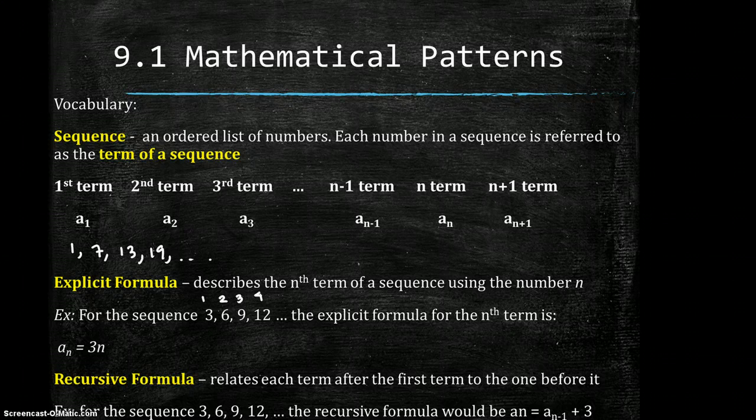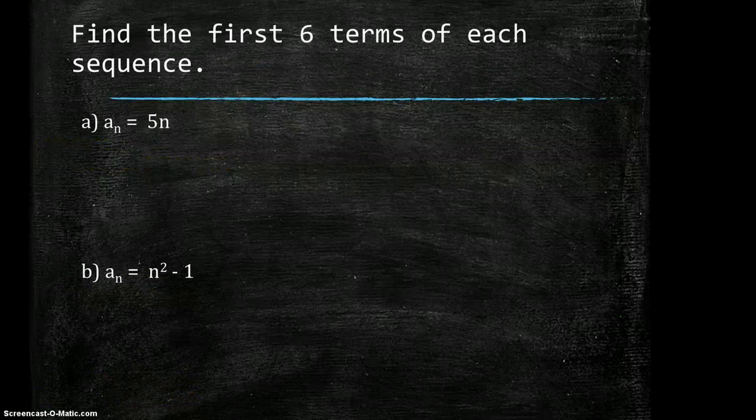So a sub n minus 1 refers to the term before it. This is supposed to be a small n. A sub n. So in order to get the next term, I just add 3 to the previous term. This n minus 1 is basically saying the previous term. Okay, so we'll talk more and more about explicit and recursive formulas as we start dealing with them.